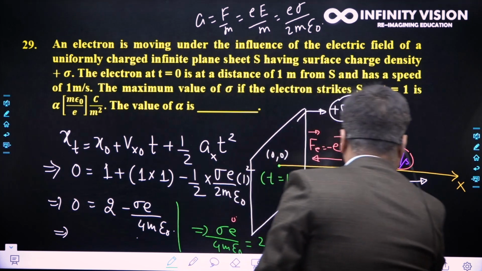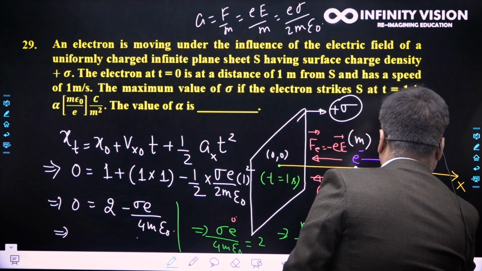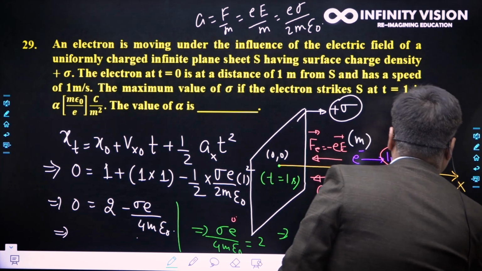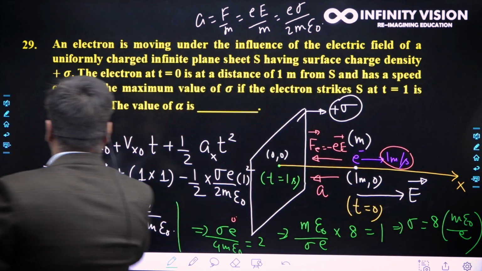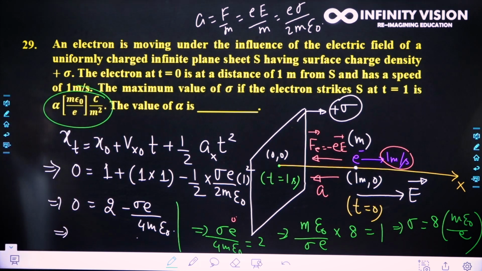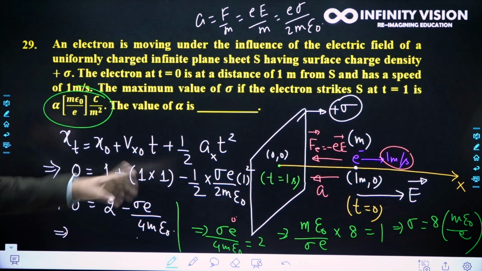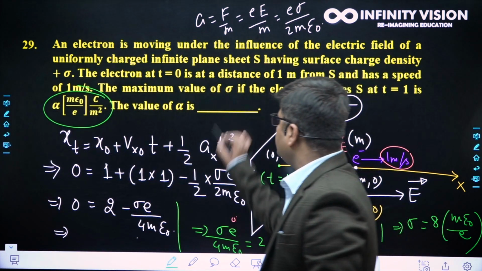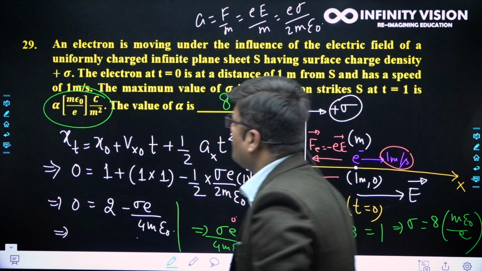So sigma will be 8 times m epsilon naught by e. If we compare this expression with alpha m epsilon naught by e, we are getting that the value of coefficient alpha is equal to 8. So the value of coefficient alpha is 8 in this particular answer.